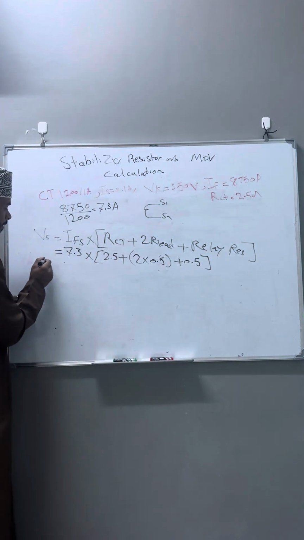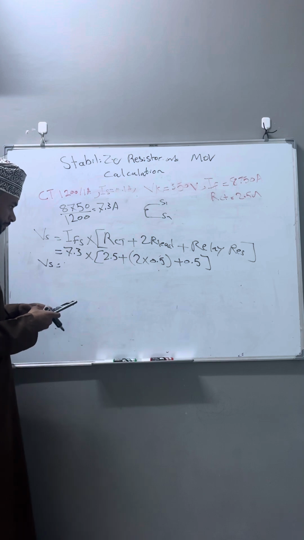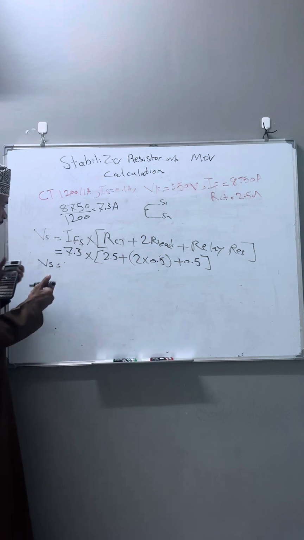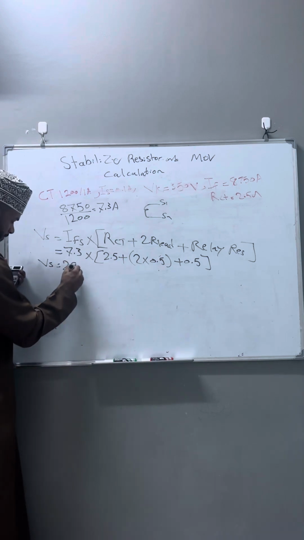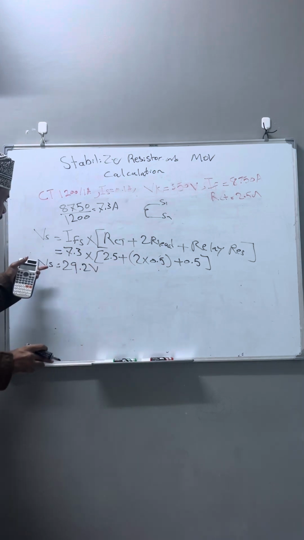Then we can find Vs. So Vs will be equal to 29.24. Okay, now we found Vs.